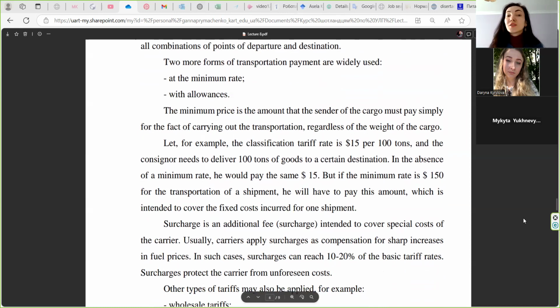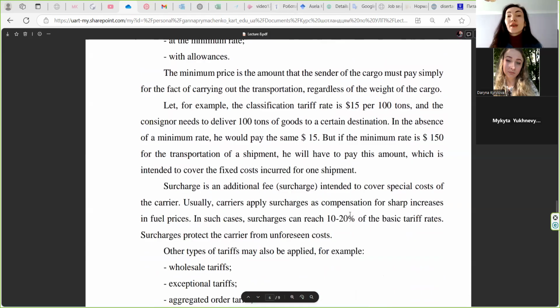Let, for example, the classification tariff rate be $15 per 100 tons, and the consignor needs to deliver 100 tons of goods to a certain destination. In the absence of a minimum rate, he would pay the same $15.